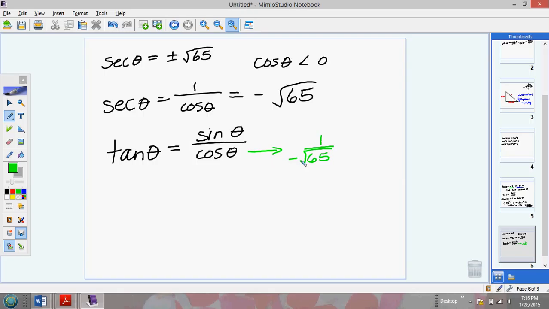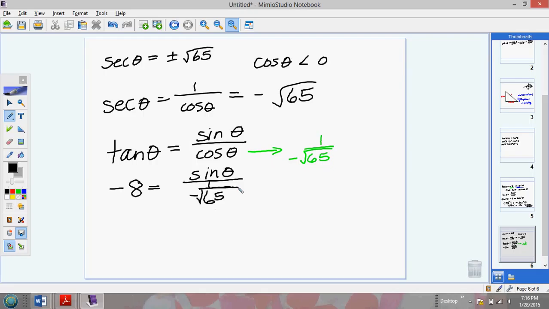I know that tangent is negative 8, so let's fill in what we know so we can solve for what we don't. I'm going to put in negative 8 for tangent, and it's going to be sine theta over 1 over negative the square root of 65.